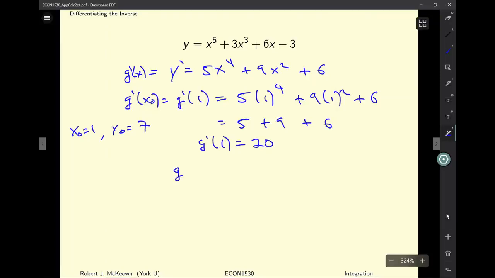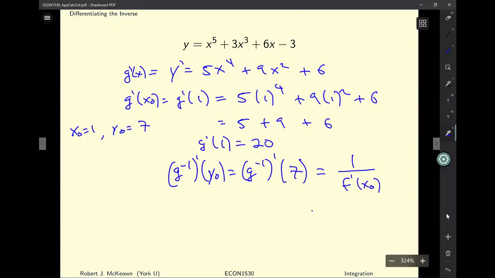So if I'm interested in knowing what the derivative of the inverse of this thing is, evaluated at y naught, it's going to be 1 over g prime of x naught. And in this case, that's just going to be 1 over 20.